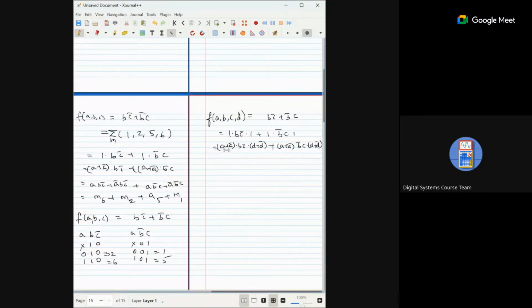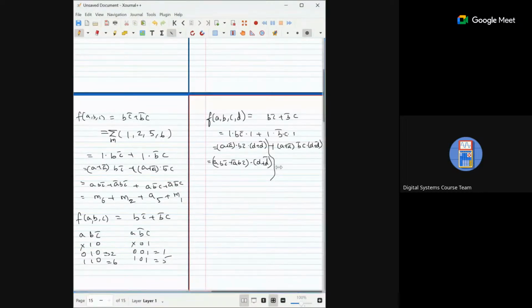Let's cross check: this is equal to A B C bar plus A bar B C bar times D plus D bar.